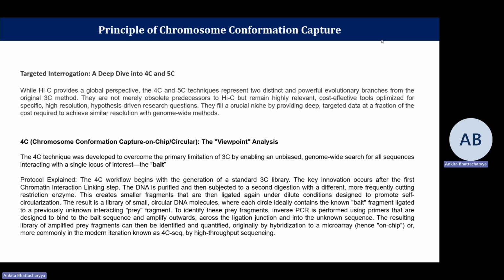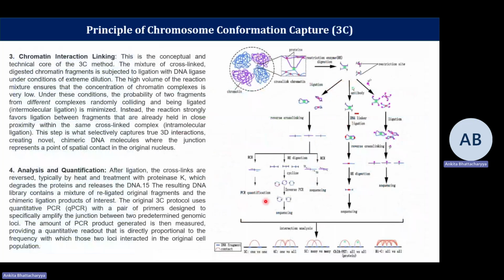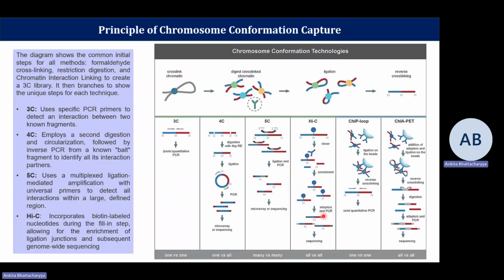That can then be quantified by hybridization to a microarray or by sequencing. So again, if this was confusing, I'll quickly show you this image. I don't think the method is very clearly shown here, but inverse PCR has been mentioned. Think of it like this: outward PCR is carried out on a circular molecule.